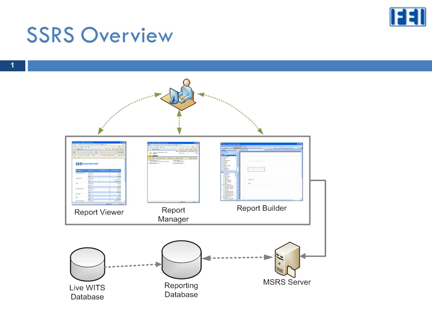This reporting database is what the SSRS tool uses to generate the reports. The data in the reporting database mirrors the live WITS VMS database, and it's updated every 24 hours. The SSRS server houses the SSRS database for all of the user-generated reports, and the web-based component that you see above here.